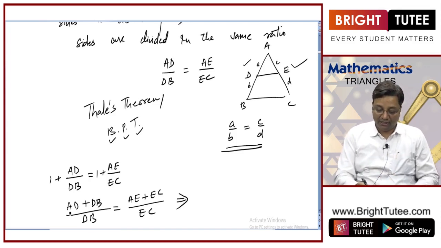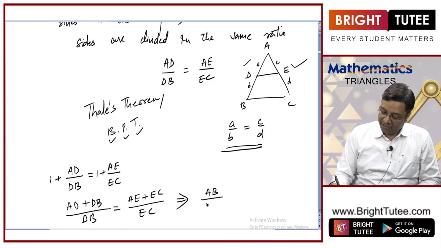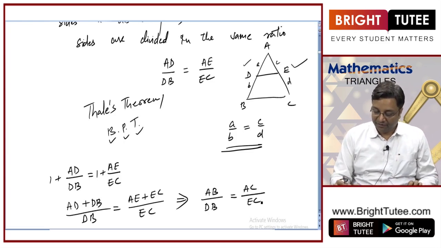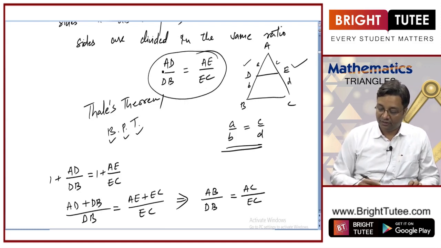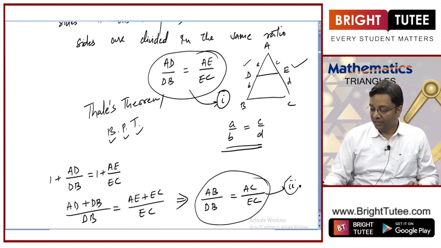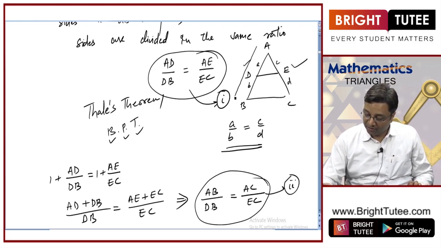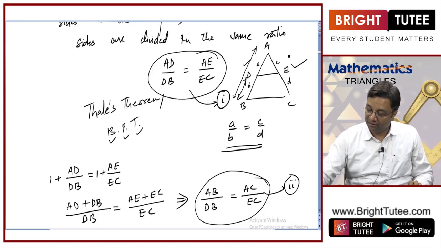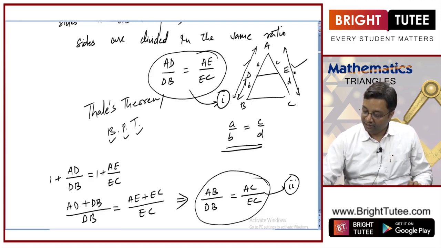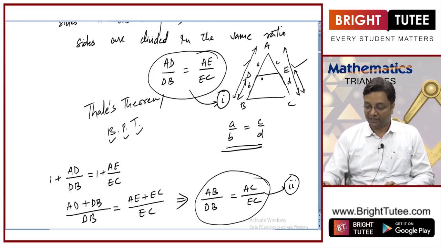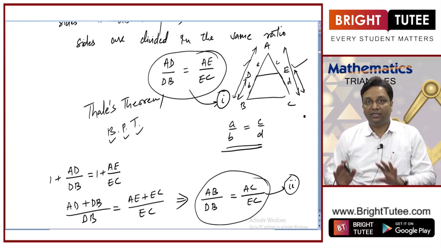AD plus DB is AB, and AE plus EC is AC. If this was my result number 1, I have got another result, result 2, that the ratio of this complete side AB and this portion DB is equal to the ratio of AC and this portion EC. You look at the corresponding portions: DB is corresponding to EC, AB is corresponding to AC. So, all these ratios are equal.